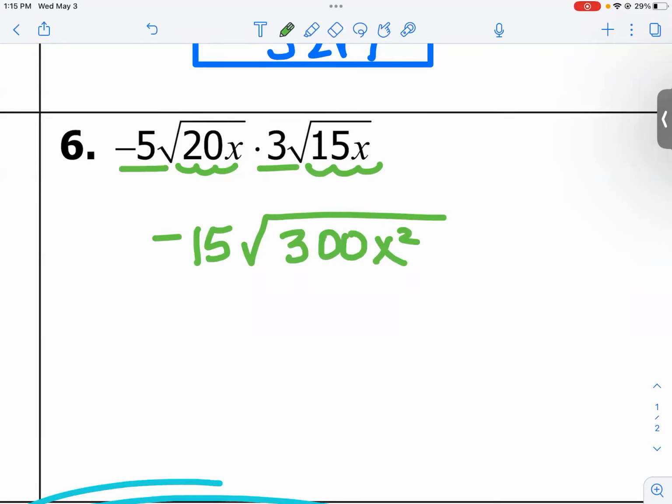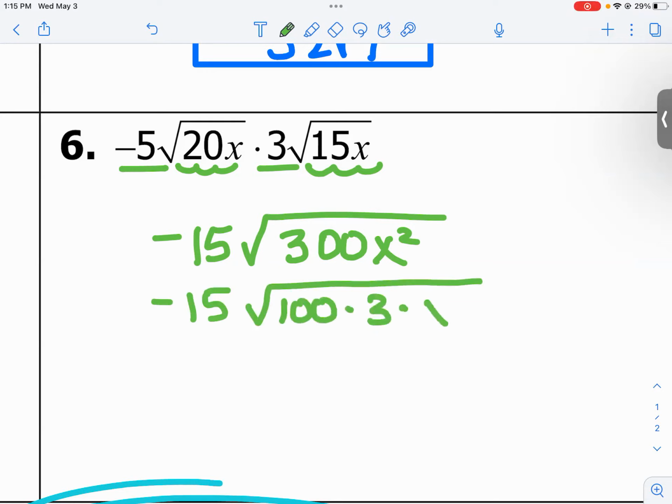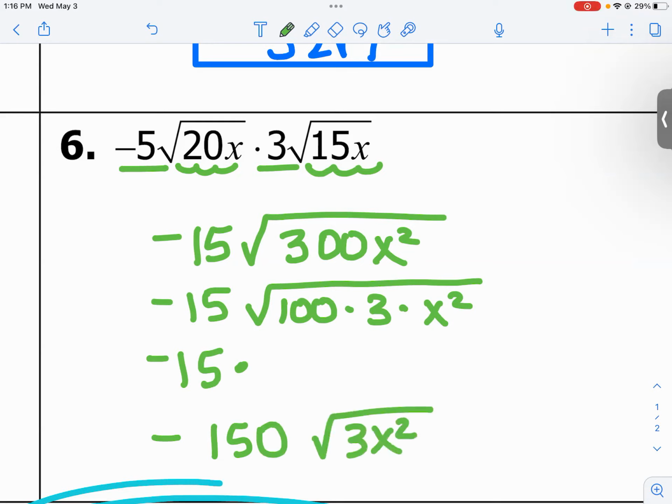Okay, so then Avery, continue. I got root times 3. And then after that, I just translated that to negative 150 radical x squared. Okay, so I like that you pulled the 10 out.